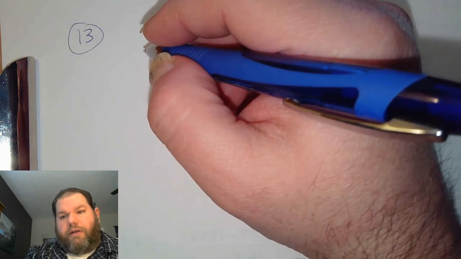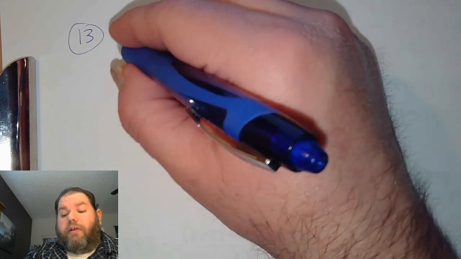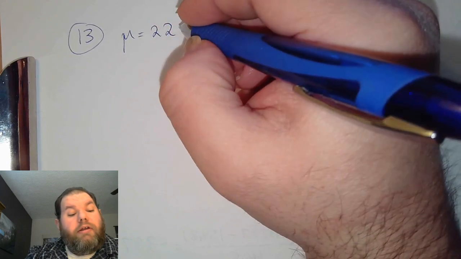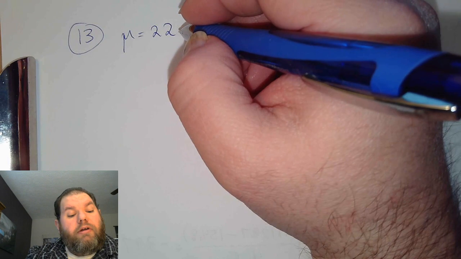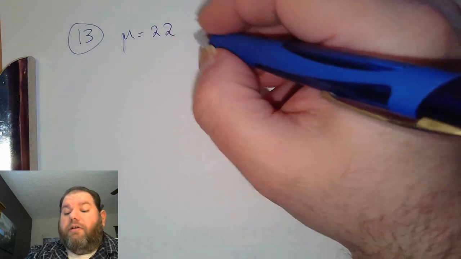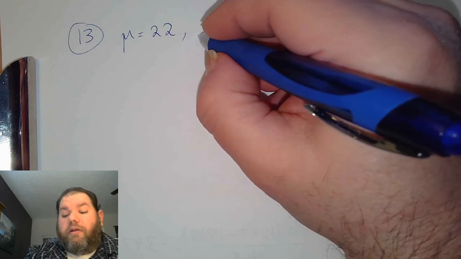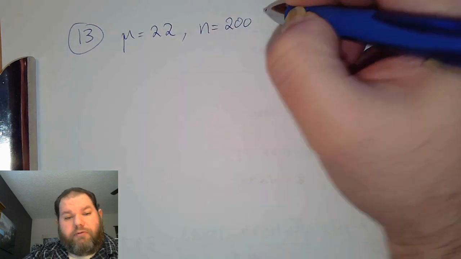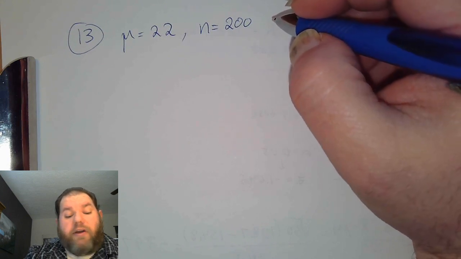So let's go through and look at all of our values. We've established that the mean score on ACT Math is 22. That's our passing score. We have a sample size of 200 students who've all taken these recommended courses.